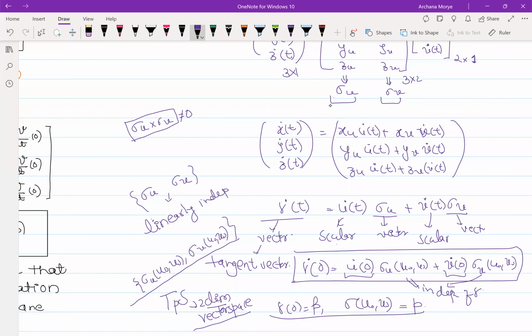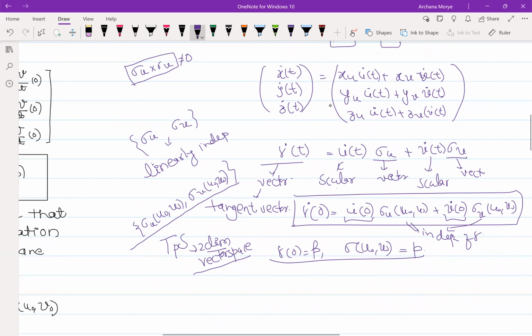That we showed here, that is done. I want to say it the reverse way: if I show that any linear combination of sigma u and sigma v is a tangent vector, then they are equal, right? And that is also very simple.